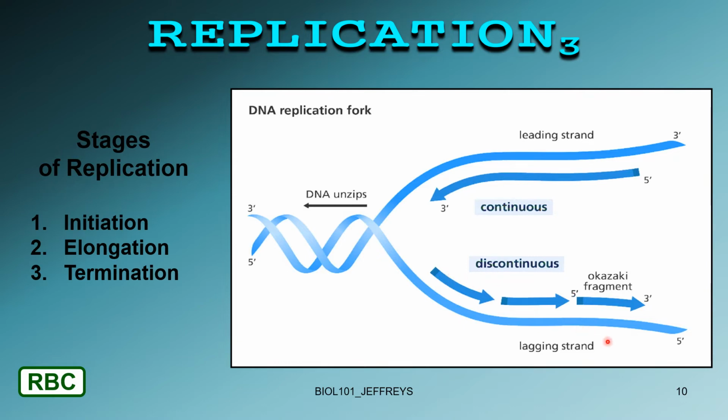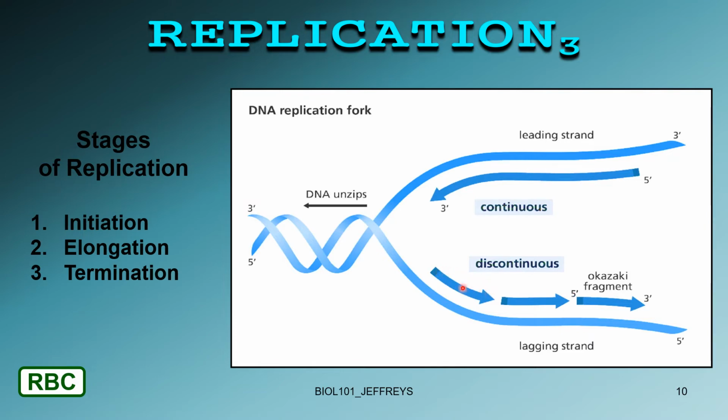Because remember, the lagging strand, you know, this is the 5' end. So if this were a continuous strand, then we would be replicating 3' to 5'. Okay? So in order to maintain the rule, we have to replicate 5' to 3'.